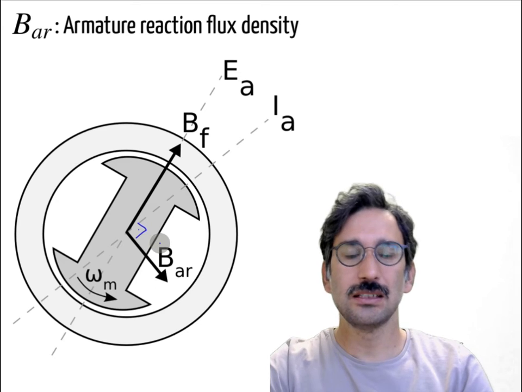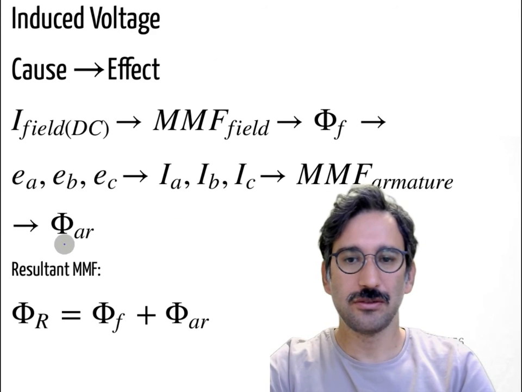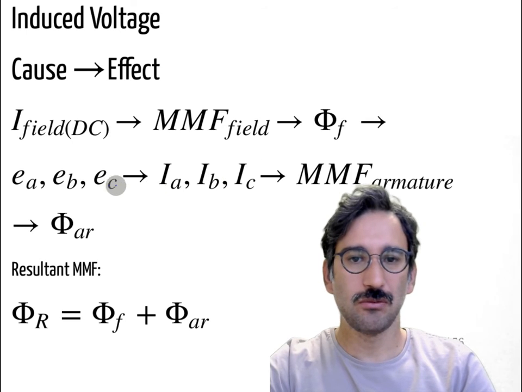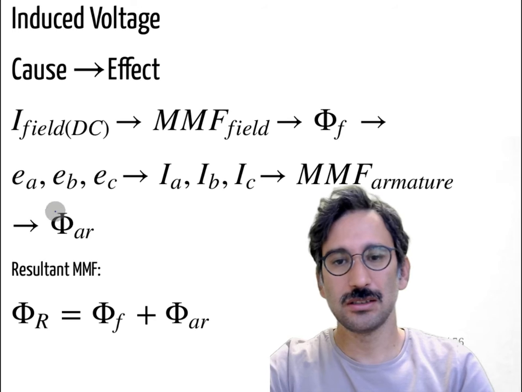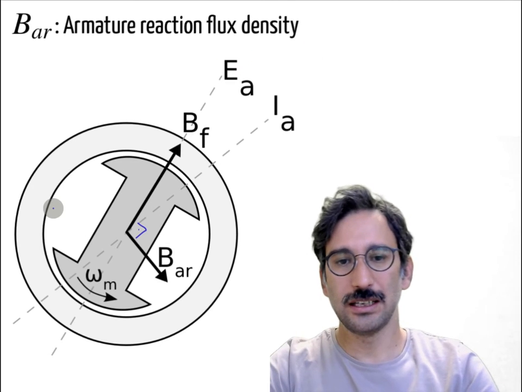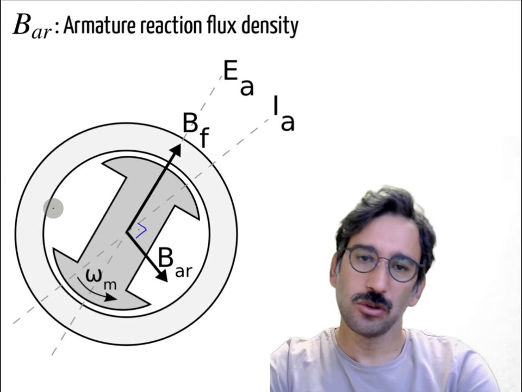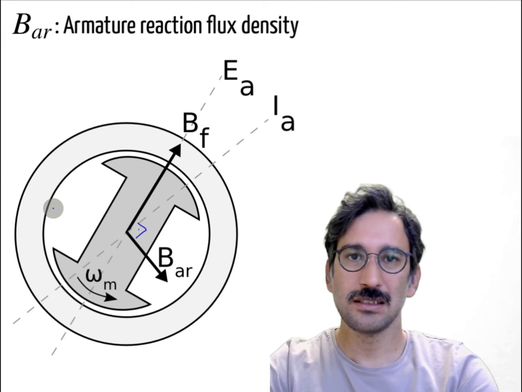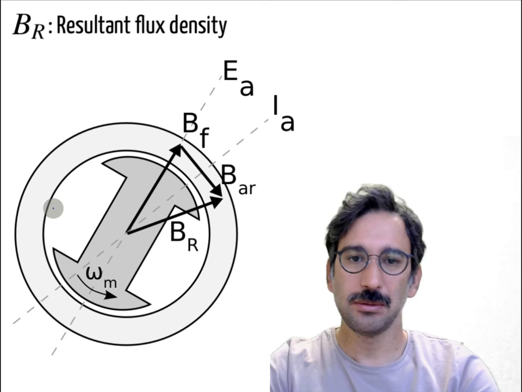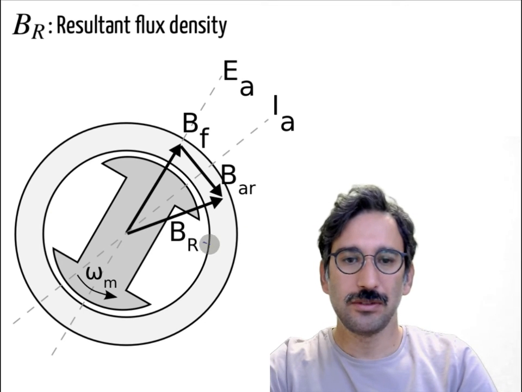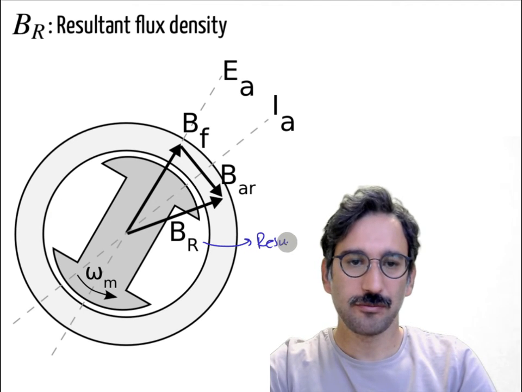That is the flux created by the armature itself. So we induce some voltage, and on top of that voltage there is some current flowing through the windings, and we have that AR. At the end of the day, both of these are flux densities in the air gap, so they add up, and what you end up with is the resultant flux.